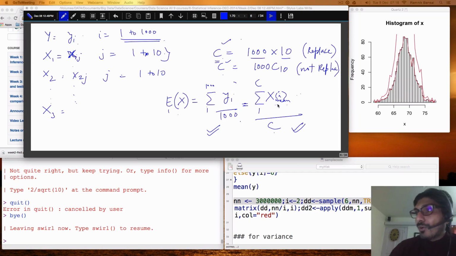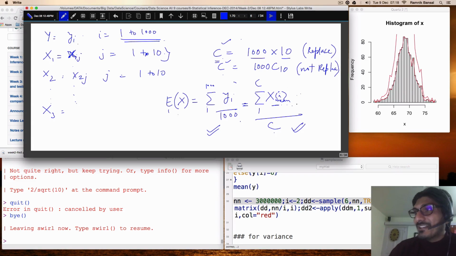Variance is how, if I was to plot this xi mean, right? So I had xi mean 10,000 times. I was to plot this, okay, as a frequency curve. What would that be? How would those values be? That is what is going to be my variance. Is this clear? Have you understood what is variance conceptually?